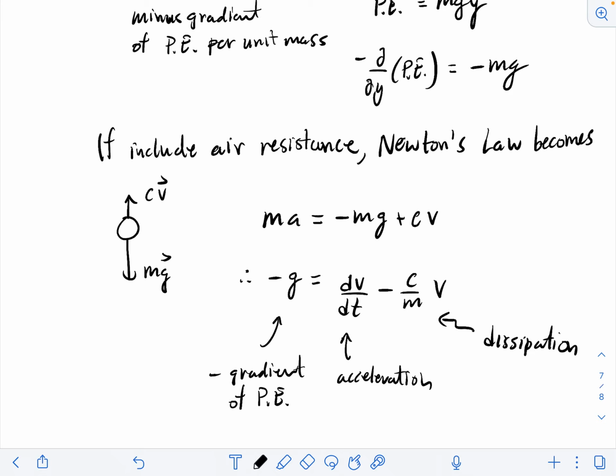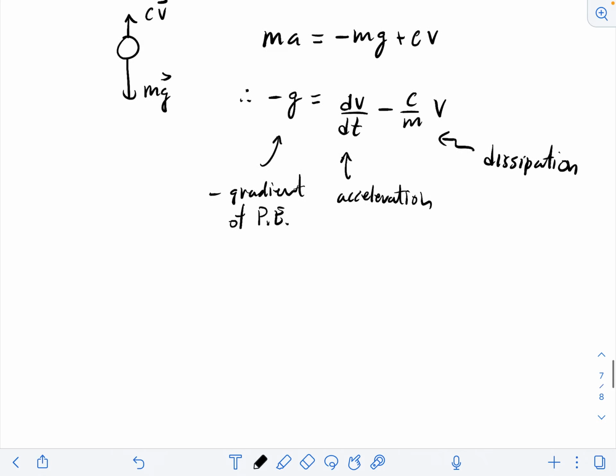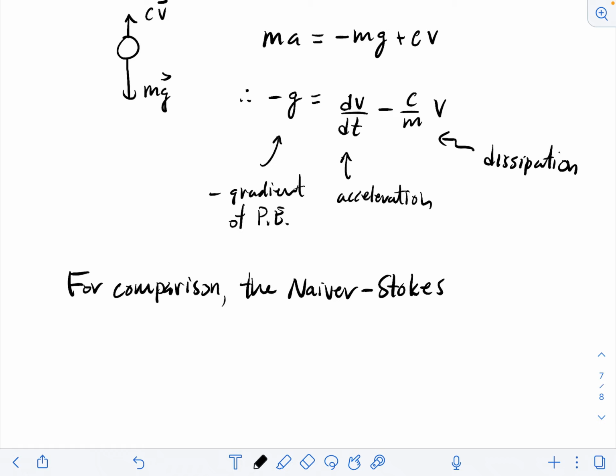For comparison, if we were thinking about a fluid that flows not without dissipation but with some finite viscosity, then we would end up with the so-called Navier-Stokes equation for fluid flow.